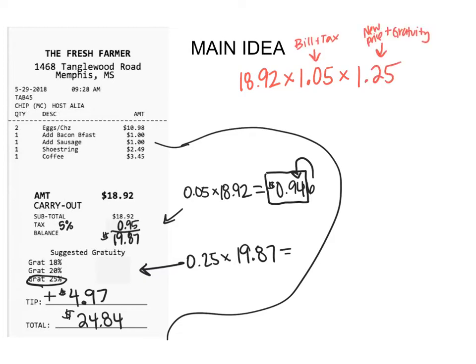So I've filled in for my amount that I paid for the bill, 100%, and the 5% tax. And then I've also accounted for the new price, a new 100%, and then 25% for the gratuity. And I still end up with $24.84 for my total. This shortened method is what we're going to be practicing in this video.